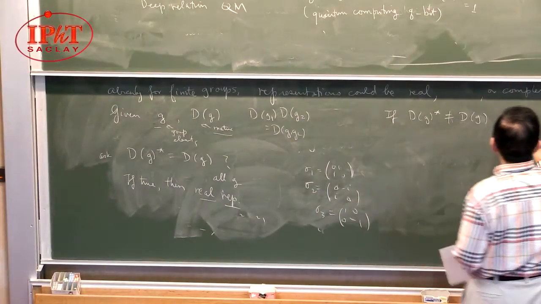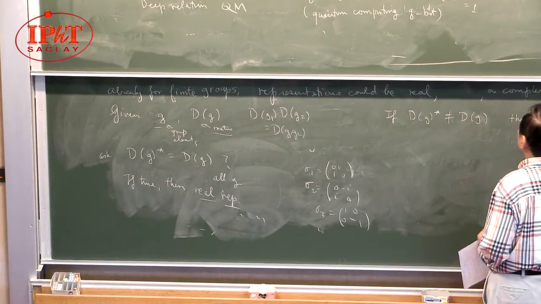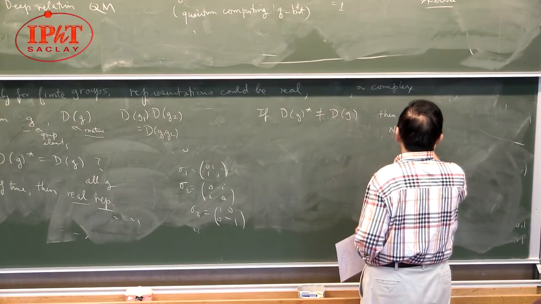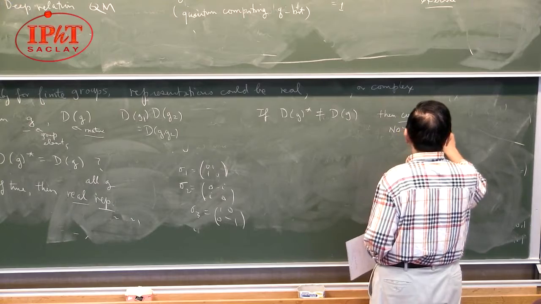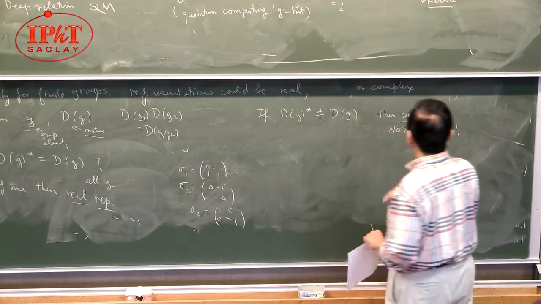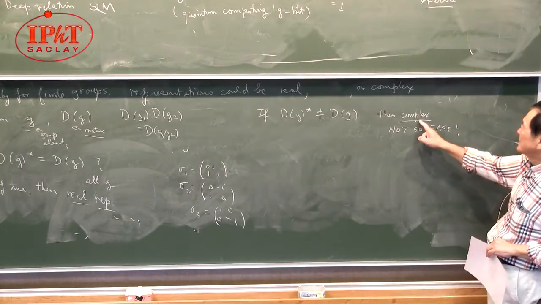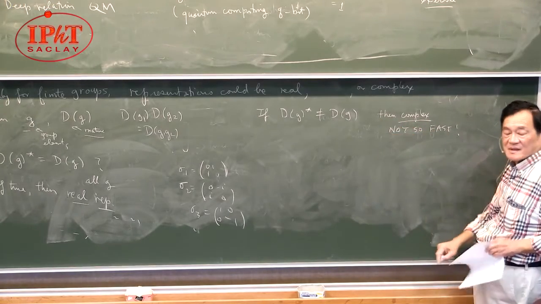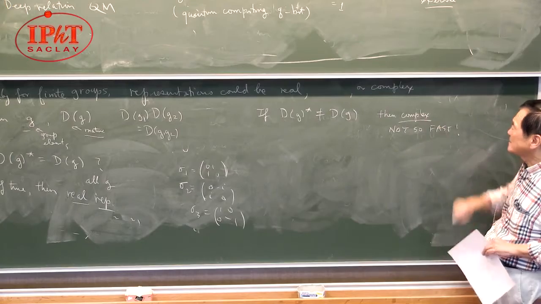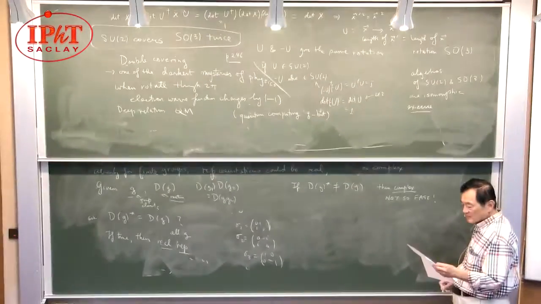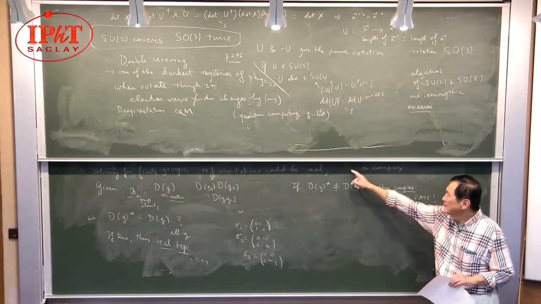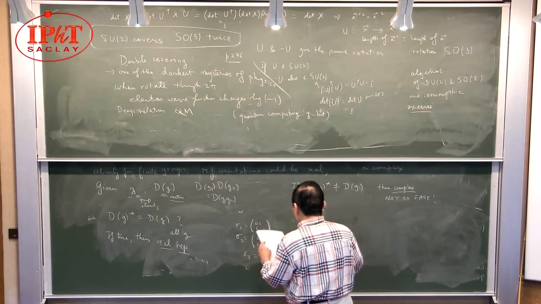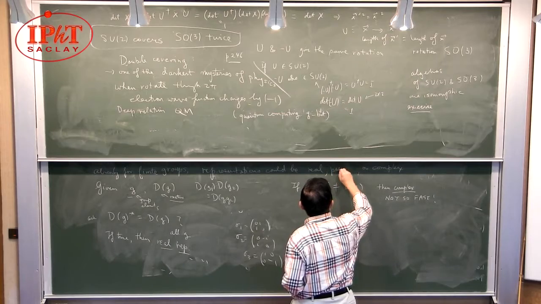Then you can say the representation is complex. But not so fast, because this is actually wrong. If you look at the representation matrices and see that the entries are complex, you cannot say it's actually complex, because there's another possibility which I left out here. And this possibility is called pseudo-real.